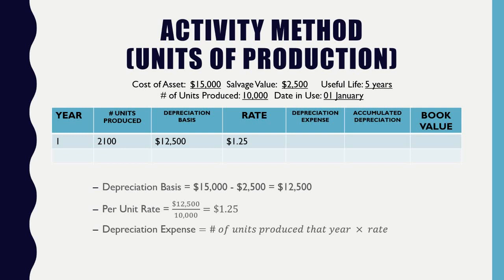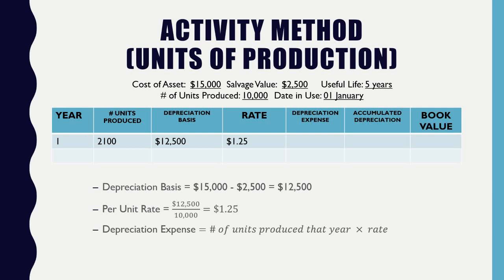Okay, and what is the number that I produced? That's how much I can produce overall. Oh, I get it. Okay. So, yeah, it'll be the 2,100 times the 1.25, which is 2,625.